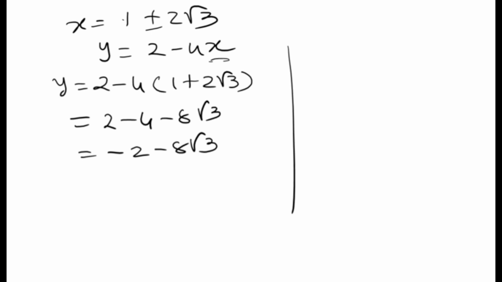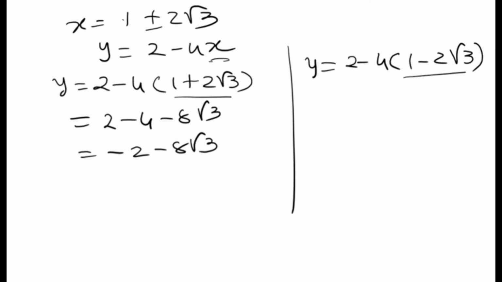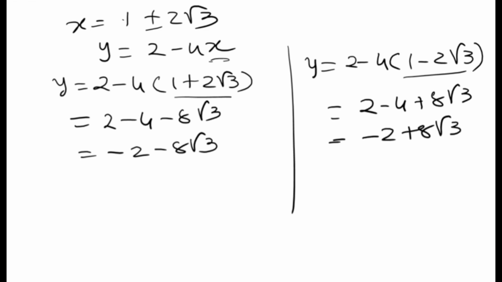If I substitute the other value, y is equal to 2 minus 4 into 1 minus 2 root 3. So once I put 1 plus 2 root 3, next time 1 minus 2 root 3. So 2 minus 4 plus 8 root 3, that will give me minus 2 plus 8 root 3. So we are getting 2 values for x and 2 values for y.